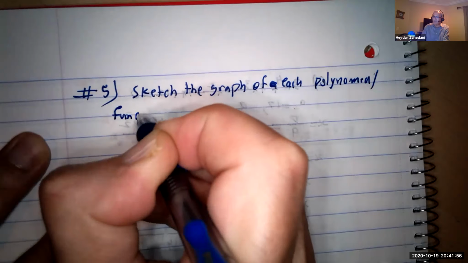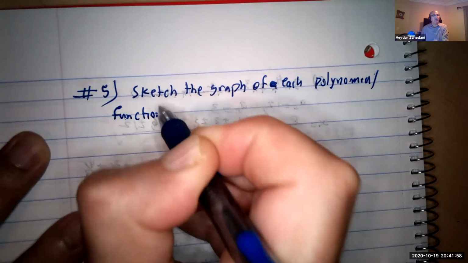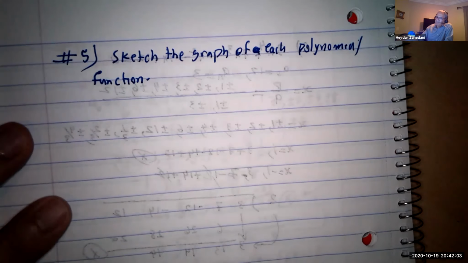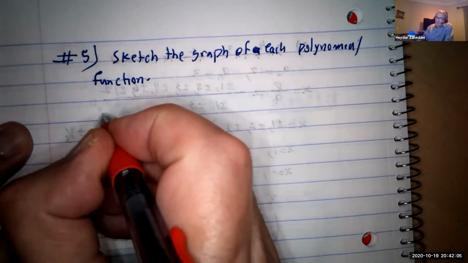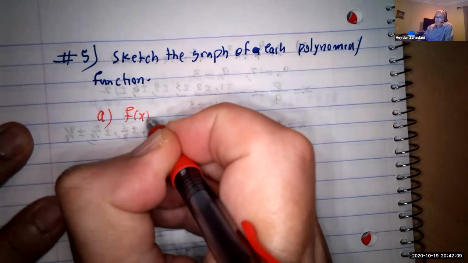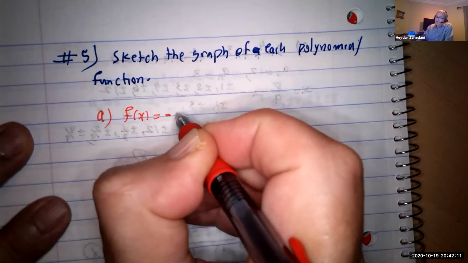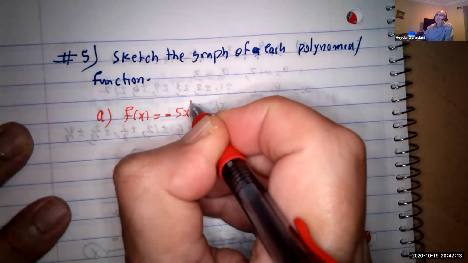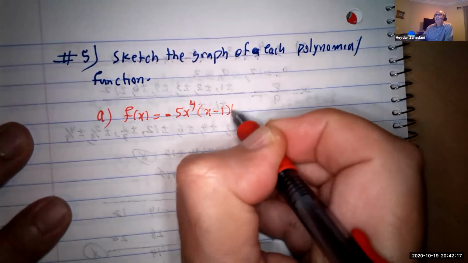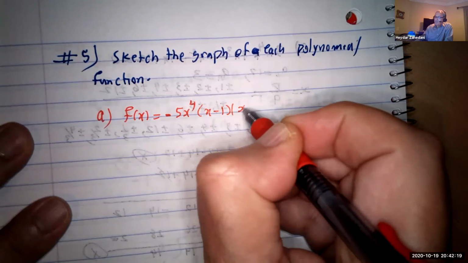It's easy, but I want to show you how you are going to write it down to get the full grade on this problem. Okay, do a couple of them. Part 1, the function is f of x is equal to -5 x to the 4th, times x minus 1 times x plus 3, all cubed.